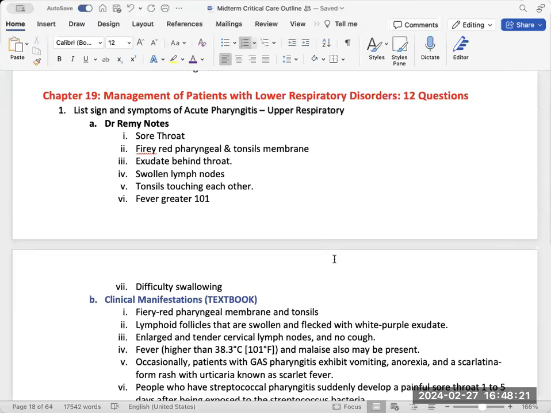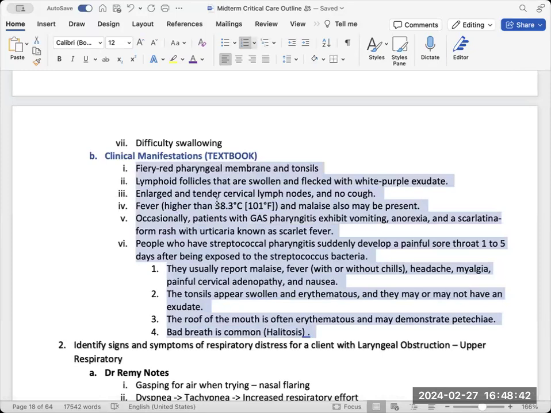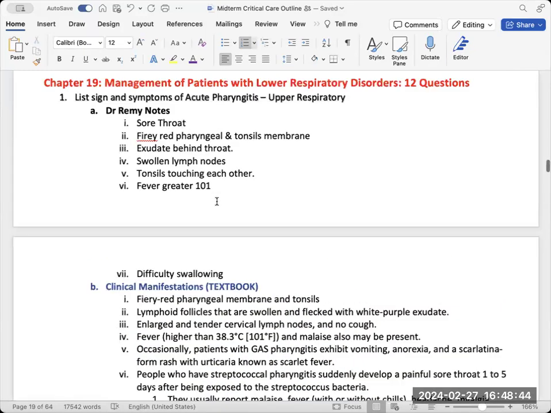They're going to have a fiery red pharyngeal membrane and tonsils. They could have exudate. They're going to have swollen lymph nodes, right? The tonsils could be touching each other. They can have a fever of typically greater than 101 and have difficulty swallowing. Now, this is just from the textbook. It literally reiterates what Dr. Remy said.